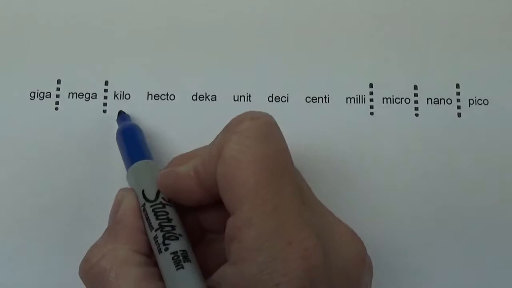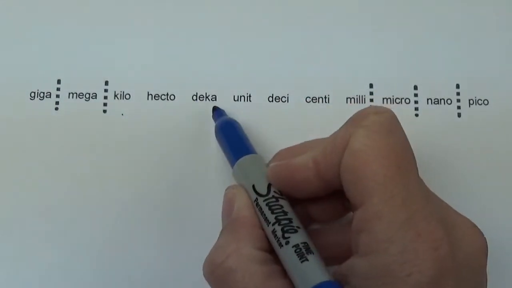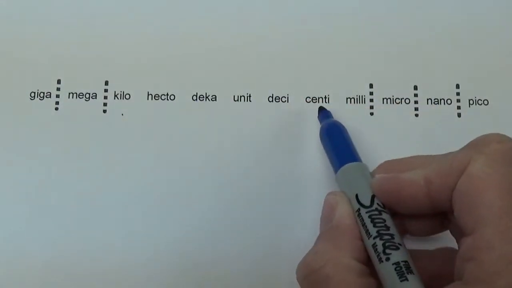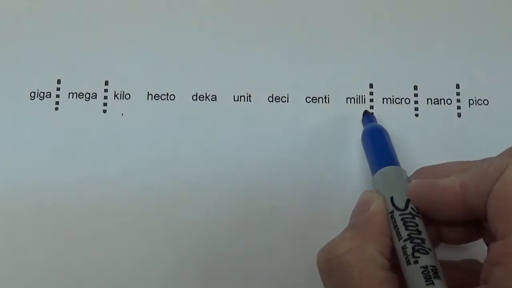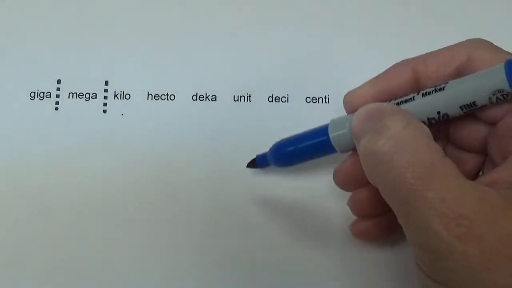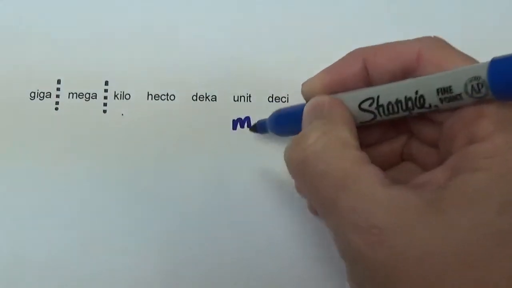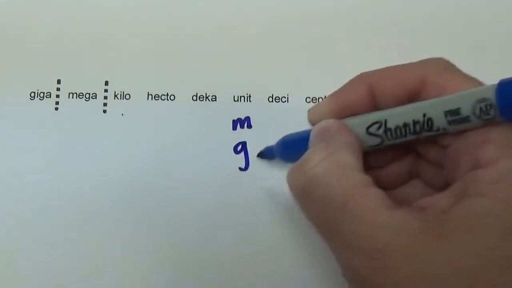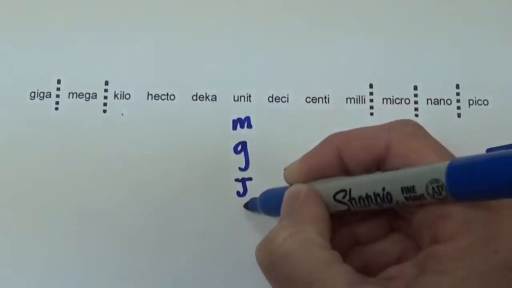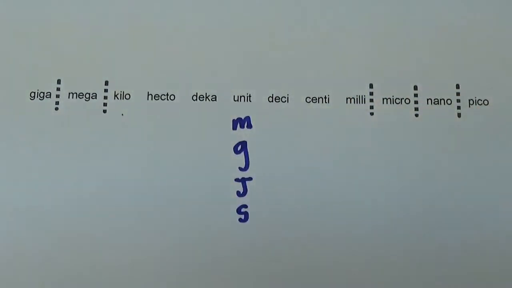There are 6 basic metric prefixes: kilo, hecto, deca, deci, centi, and milli. The base unit goes in right here. So under base unit you could find m for meters, g for grams, J for joules, s for seconds, and so on with all of the base units that we discussed.